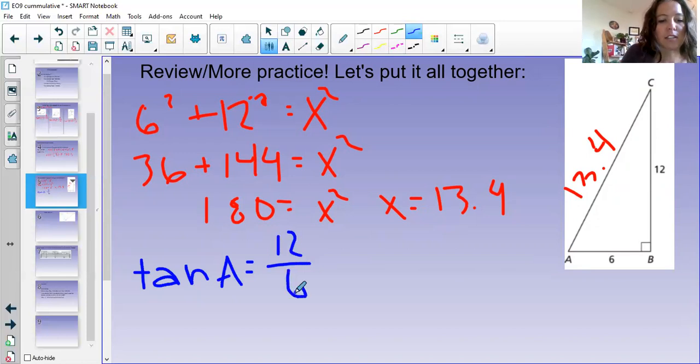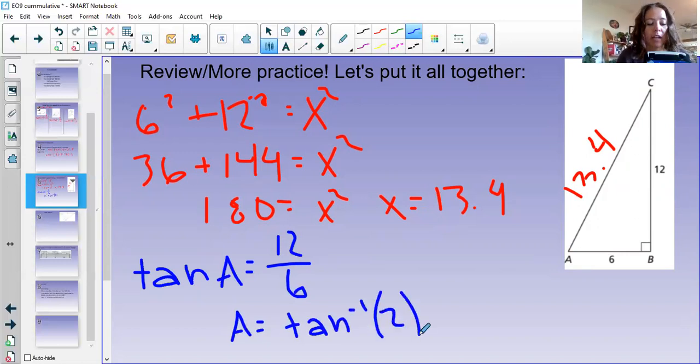Well, 12 over 6 is just 2. So to find A, I'm going to take the inverse tangent of 2. So now in your calculator, inverse tangent, and A is then 63.4 degrees.